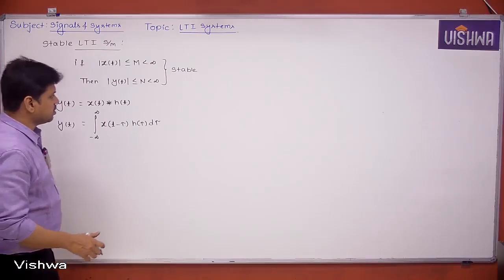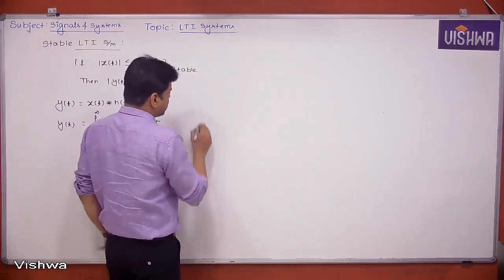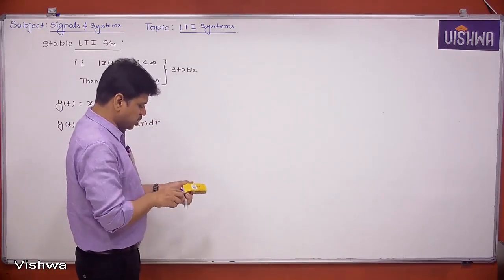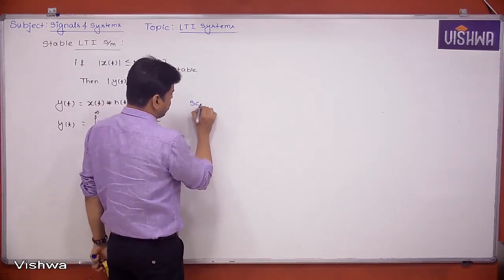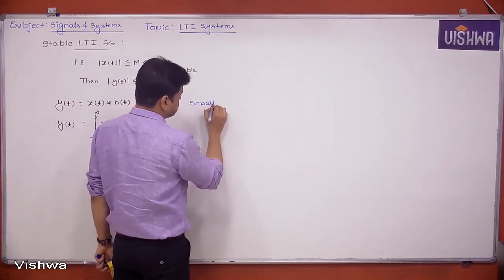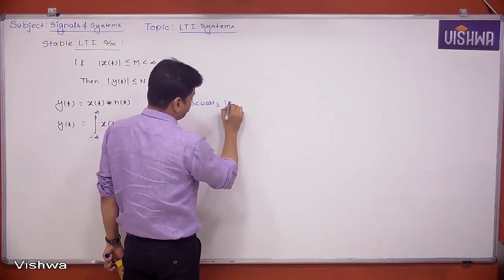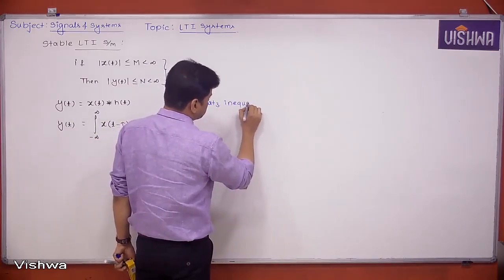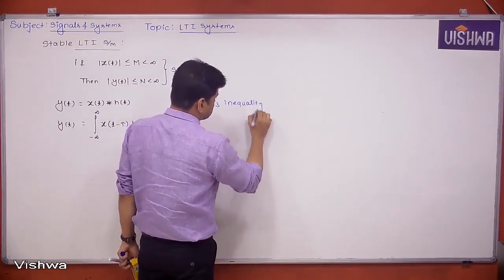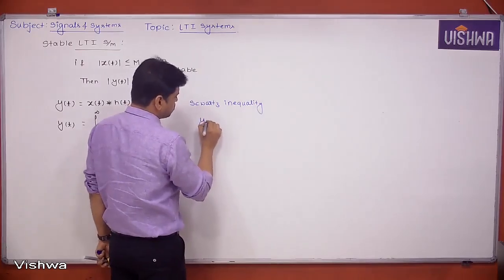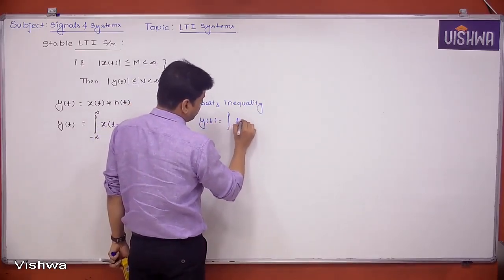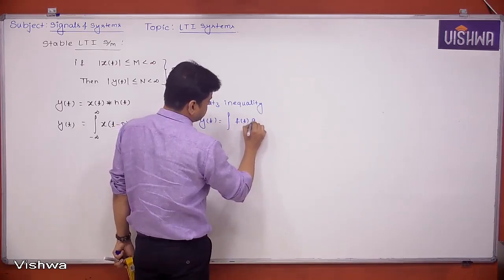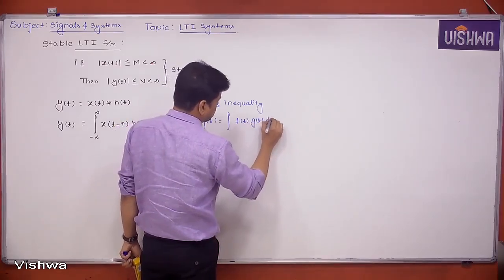So let's see. For that we have to know one inequality which is called the Schwarz inequality. You might remember this or you might have heard this. What does the Schwarz inequality say? Suppose y of t is equal to the integral of some functions f of t and g of t dt.